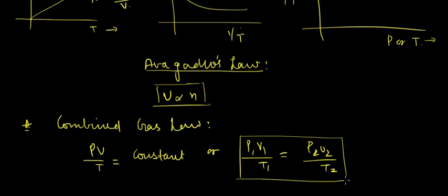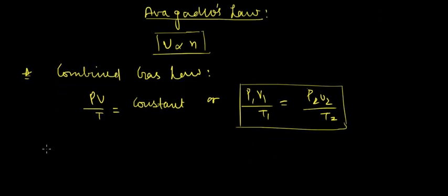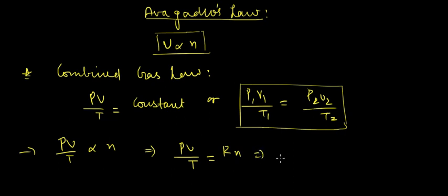So this is the combined gas law, and we can also say that PV by T is directly proportional to n, or PV upon T equals nR, which implies PV equals nRT.